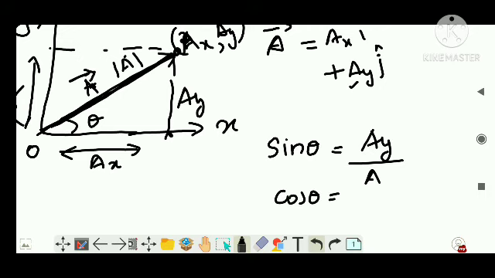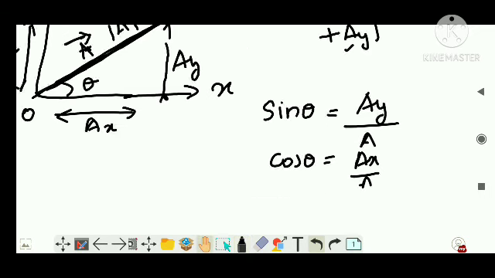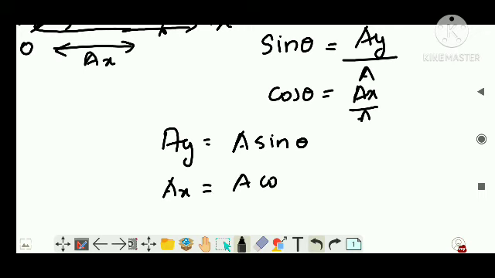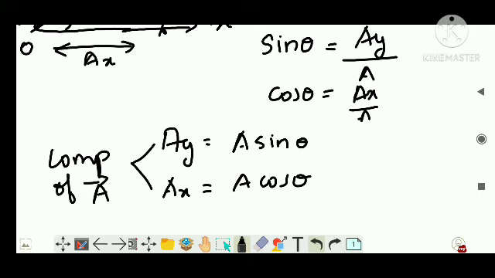Cos theta is again base Ax by A. So Ay is equal to A sine theta and Ax is equal to A cos theta, right? They are components of vector A. So a vector can be divided into two parts, which are A cos theta and A sin theta.